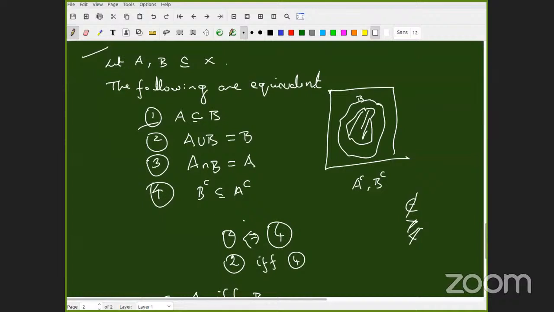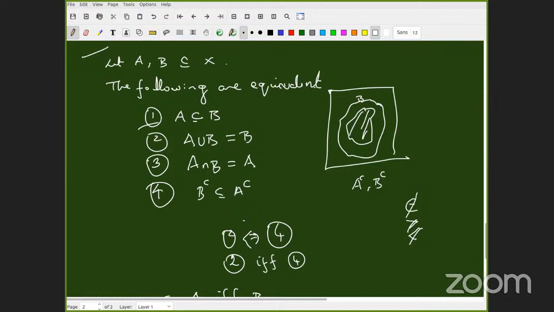Please, all of you listen. I hope all of you are listening. Yeah, start. Let X belongs to A. Therefore, X belongs to A intersection B. Which implies X belongs to A and X belongs to B. Good. Therefore, X belongs to B. So, A is the subset of B.